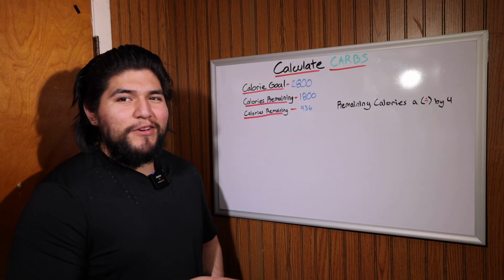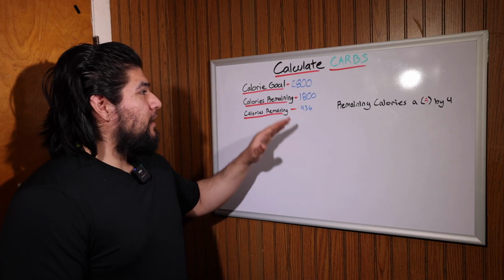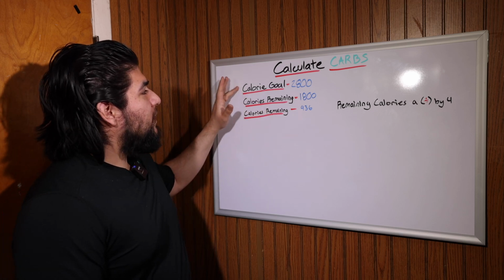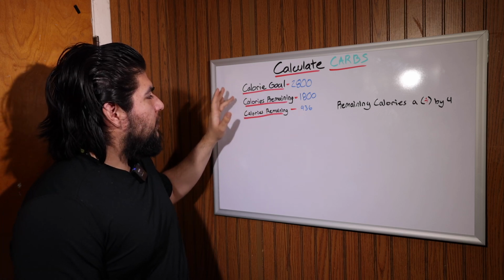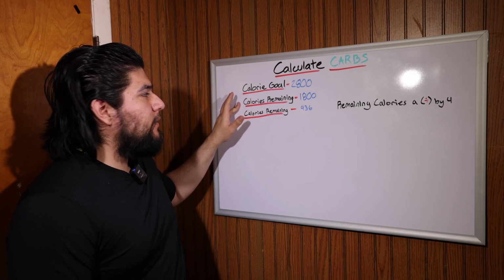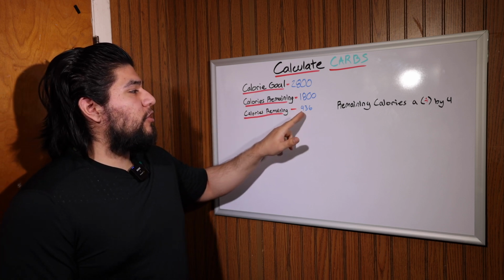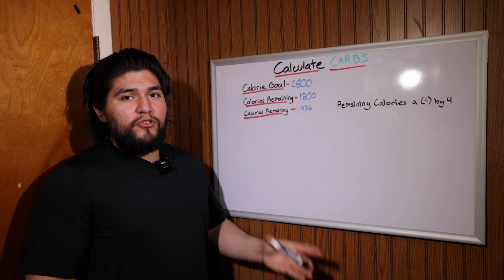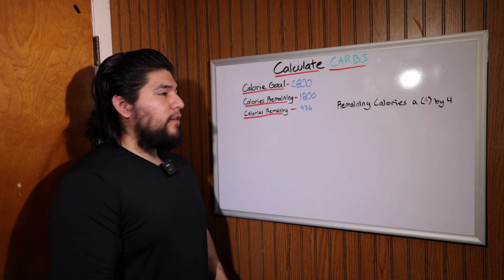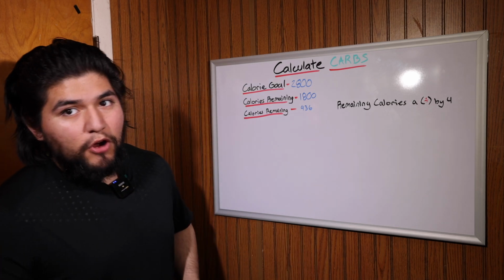Okay, so step 4, calculating your carbs. Easiest step. This is my calorie goal, 2,800. Calories remaining after protein, 1,800. Calories remaining after calculating fat, 936. Now you're just going to take your remaining calories and divide it by 4, and that's going to be your carb intake.